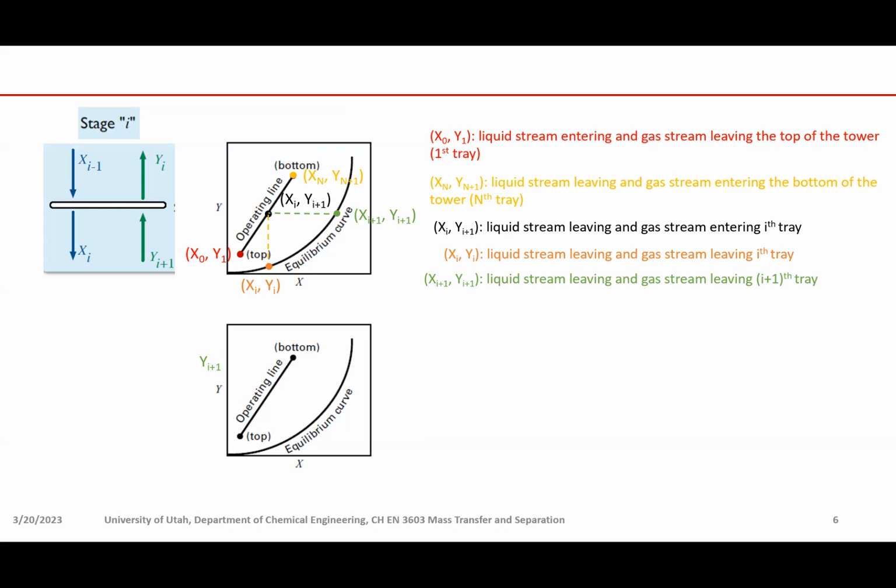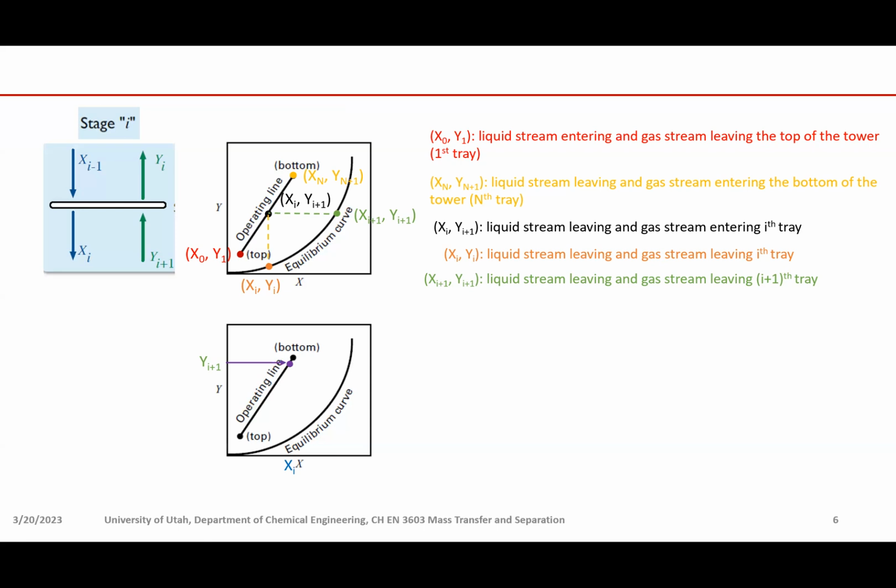The first thing we do is, from this yi plus 1, we can look for xi by looking at the operating line, right? What you do is just draw a horizontal line here from yi plus 1, that will cross the operating line. Then the x coordinate of that point on the operating line is xi, that gives you that, right?